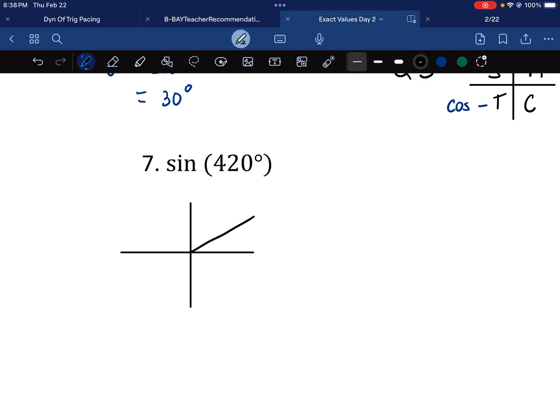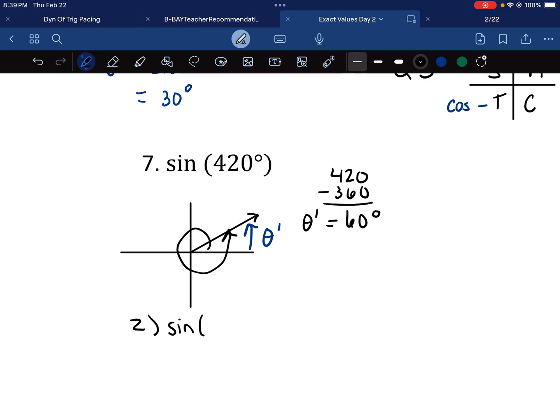All right, 420 degrees we know is going to be in here. We want to know the reference angle. So at this point, what we have to think about is that if I do 420 minus 360 degrees, I will see that my reference angle is 60. All right, step 2, sine of 60 degrees.